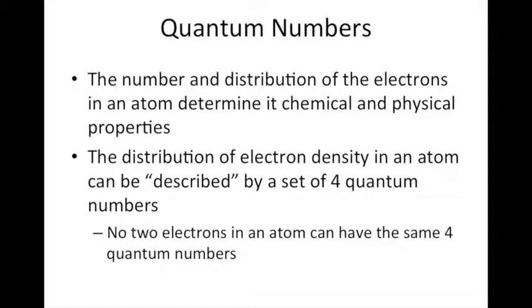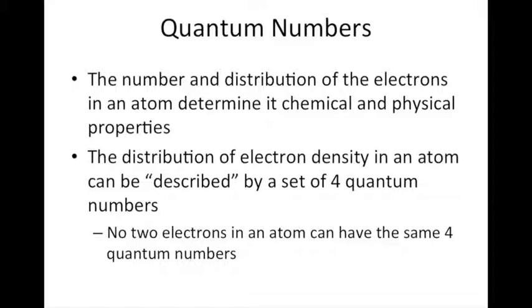We don't know exactly where the electron is, but we do know through quantum mechanics the likelihood of where an electron is to be. So we call these orbitals. We can't tell the exact position of an electron, but we are able to determine the position where we're most likely to find a particular electron.